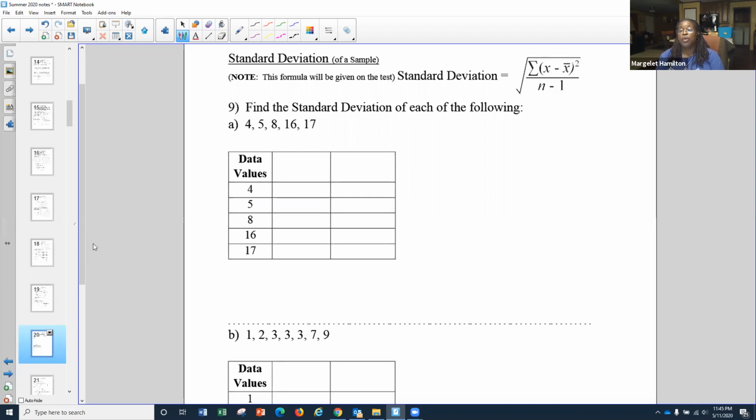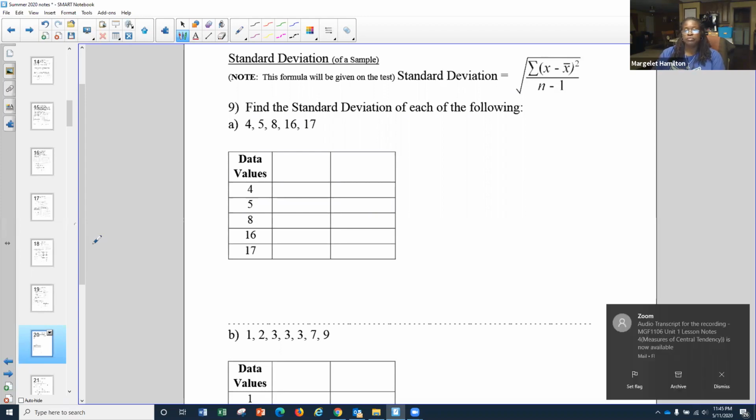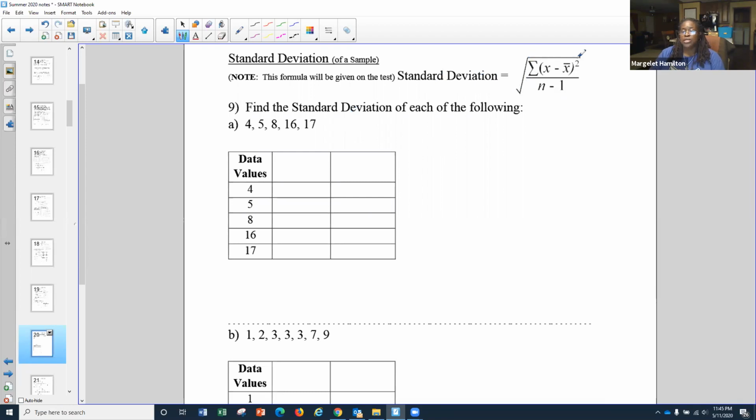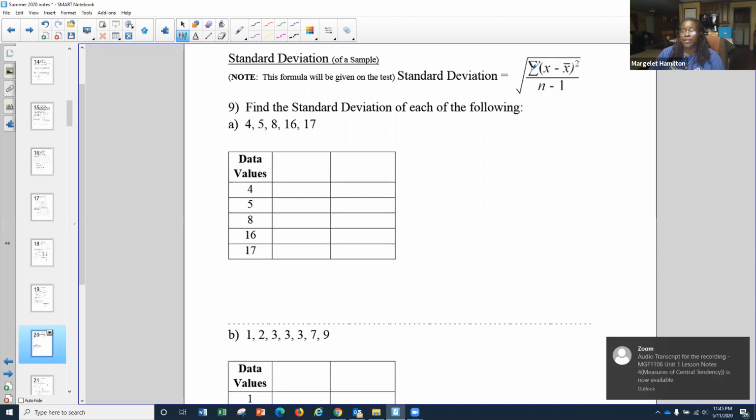So let's go over the parts to make sure we know what's being asked. Standard deviation equals, this is the square root sign. You have a button in your calculator, usually on the face button that talks about a square root, or it may be in a second function for some of our calculators. Then we already talked about the summation of what they want us to find.